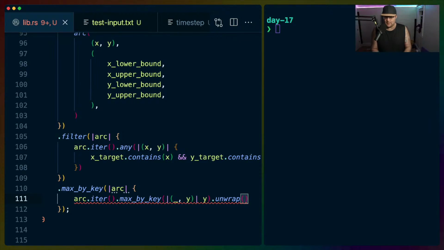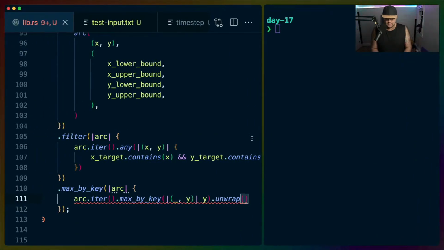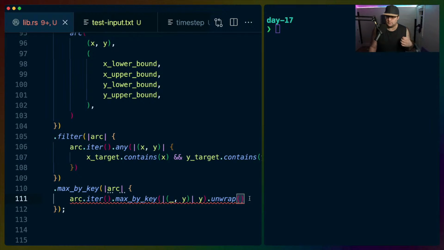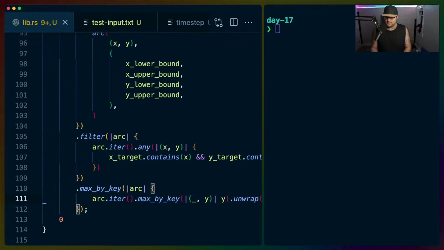I think, wait, max by key is an option, right? Yeah. So if we iter on the arcs, that gives us a tuple of all the positions. We get the maximum position, which we still need to get the Y value out of.